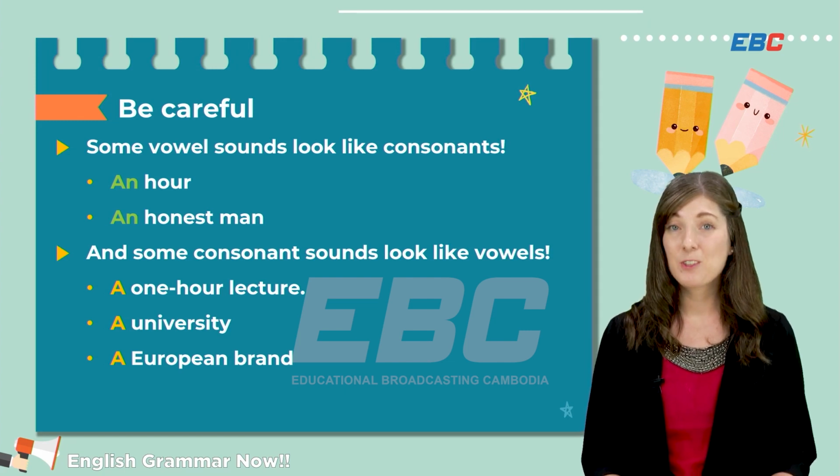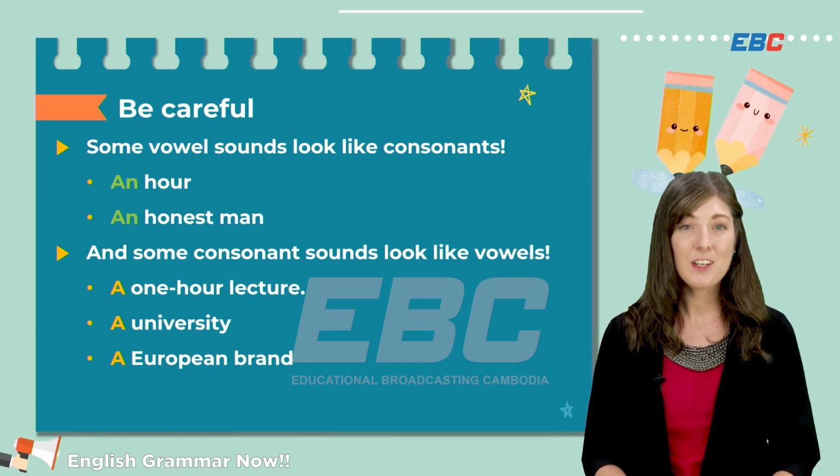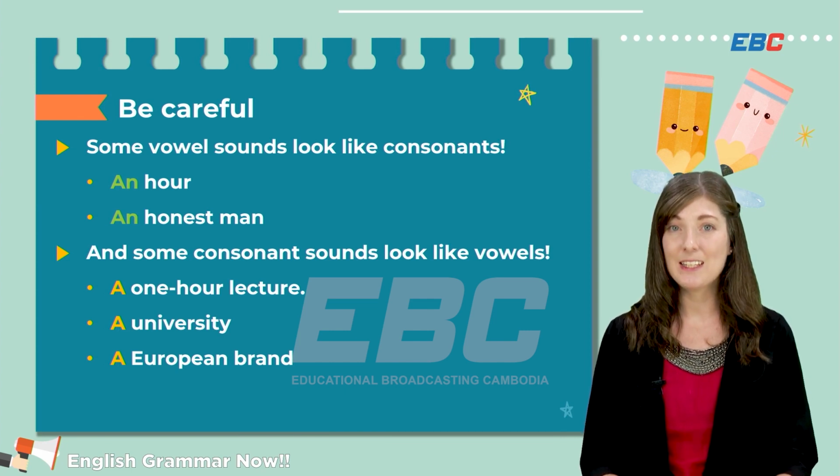These all have consonant sounds, w and y at the beginning. 1 hour, university, European. So don't let the spelling fool you. And remember, it's not just how the spelling is. Some words like umbrella begin with a vowel sound, an umbrella. So be careful to think about what sound these nouns have.